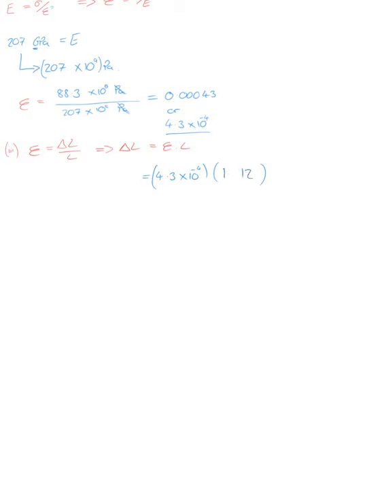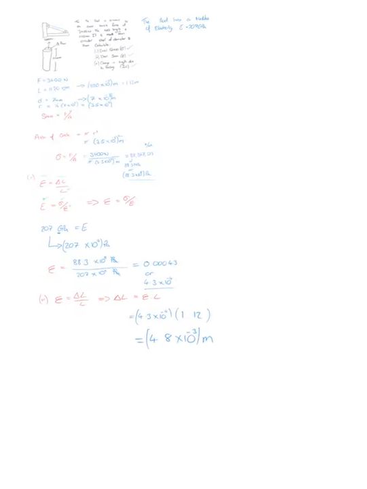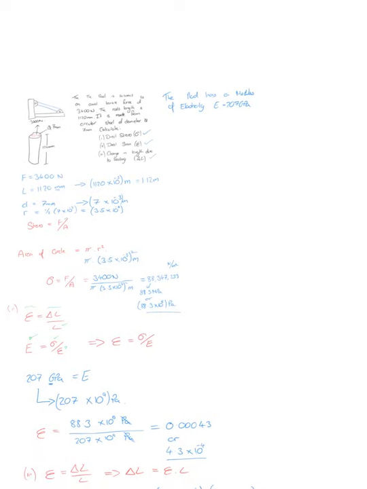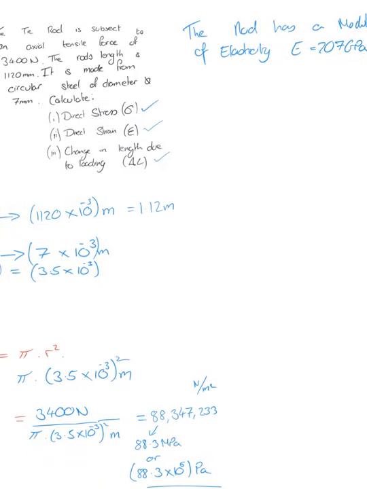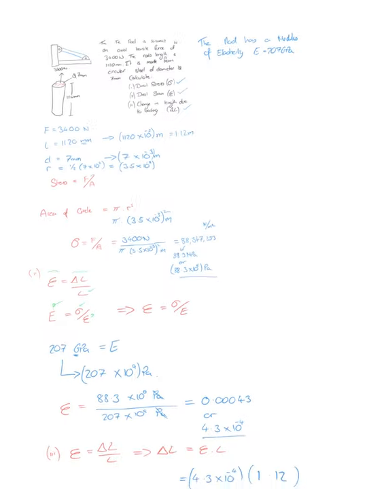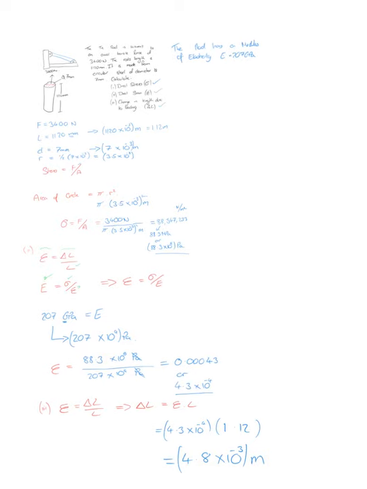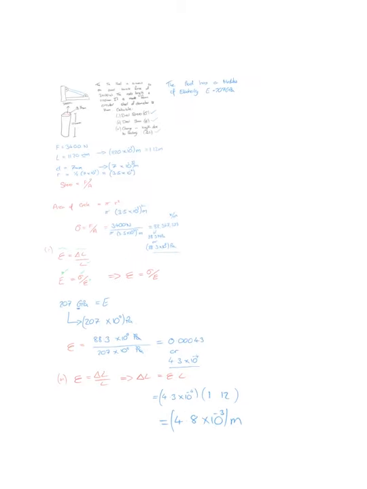And this should work out to equal 4.8 by 10 to the power minus 3 meters, which is my change in length. So I've solved these three questions. I know my stress, I know my strain, I know my change in length due to loading in this system. So this has all been a tensile system.